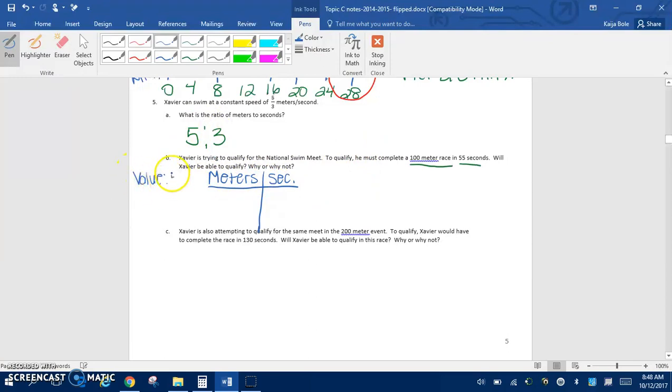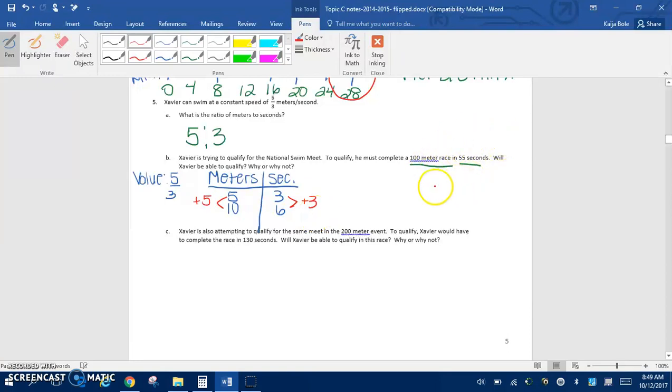The value, right, is just 5 meters over 3 seconds. So that'll be our first line in our table. We'll have 5 and we will have 3. So if we were going down, we would have 10 and then we'd have 6. So we're adding 5s on the left every time. Plus 5 and then plus 3 on the other side.